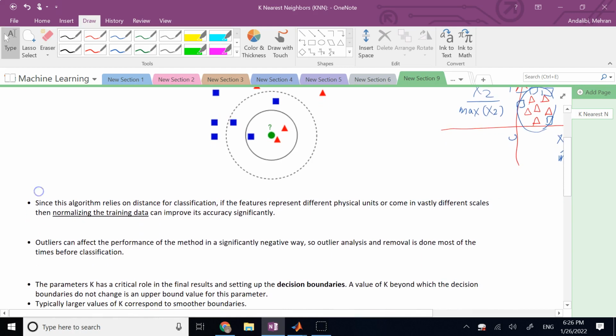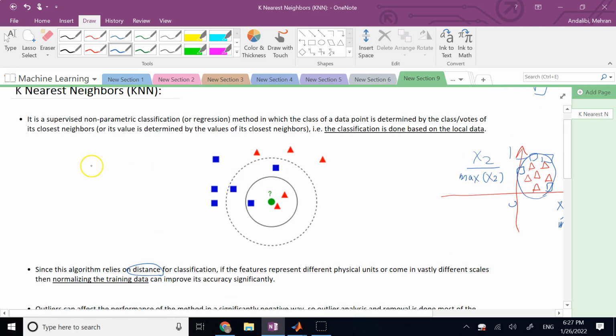What else can affect the performance of this method? The other one is outliers. Especially when you're using Euclidean distance, the outliers are not your best friends, right?